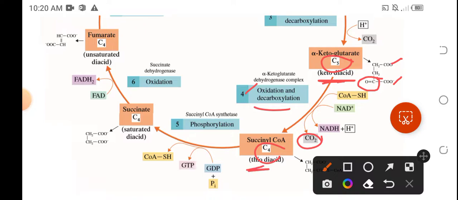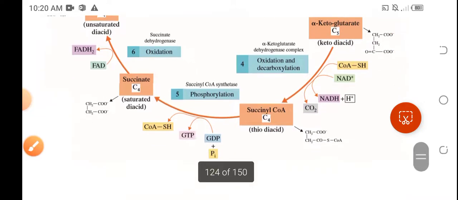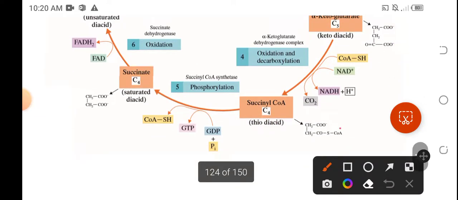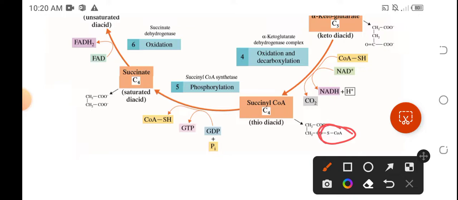Okay? Kasi nga, for this fourth reaction, we are going to use again the coenzyme A, and then that will be incorporated para maging thio. Kasi yung sulfhydryl na yan, siya yung mai-add dito. Yan. Ito na si coenzyme A, na-incorporate siya kay succinyl-CoA.